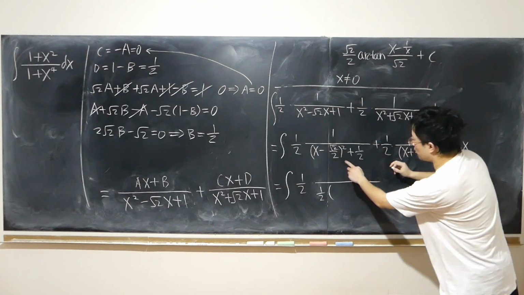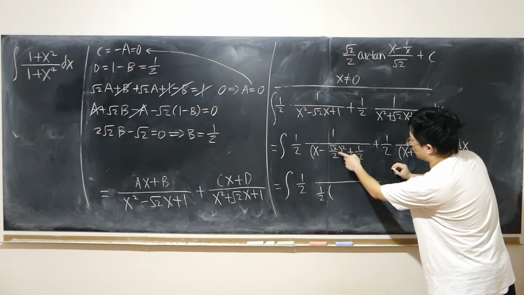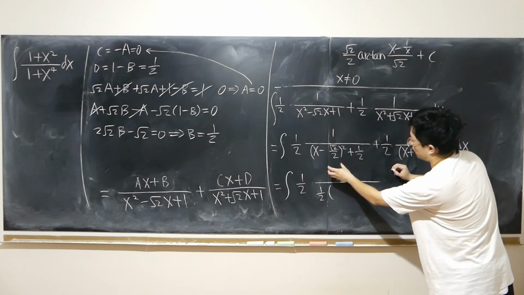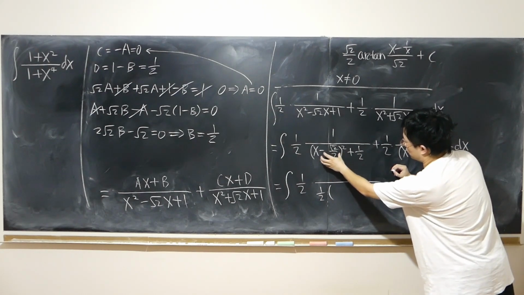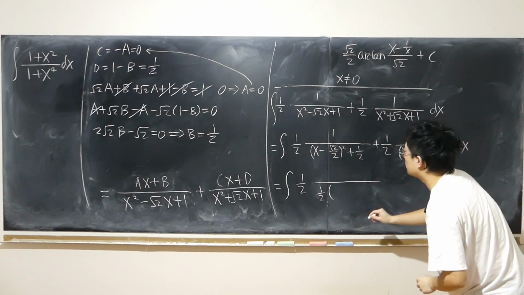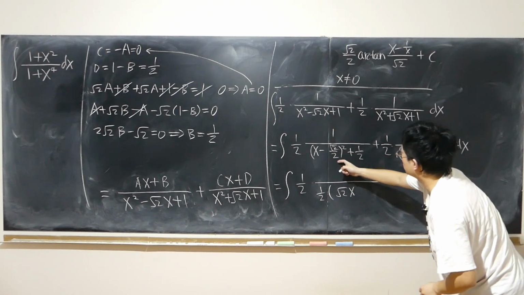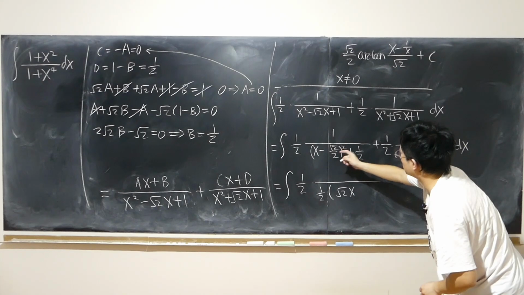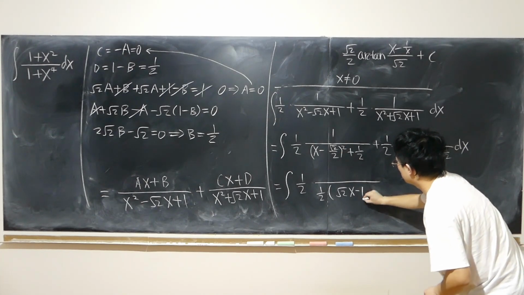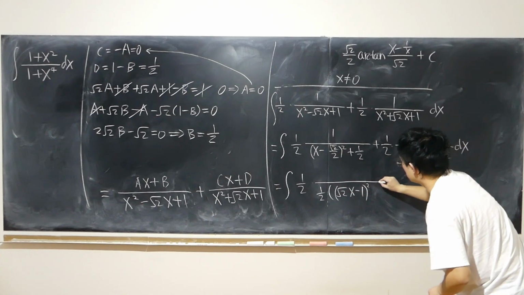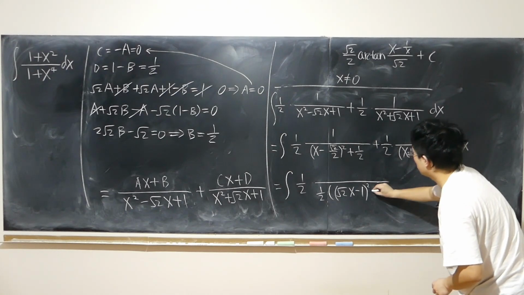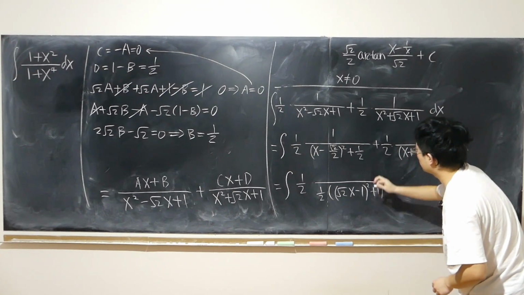So I'm going to put the 2 into the square: square root of 2 times x, minus 1, squared, plus 1 for this one.